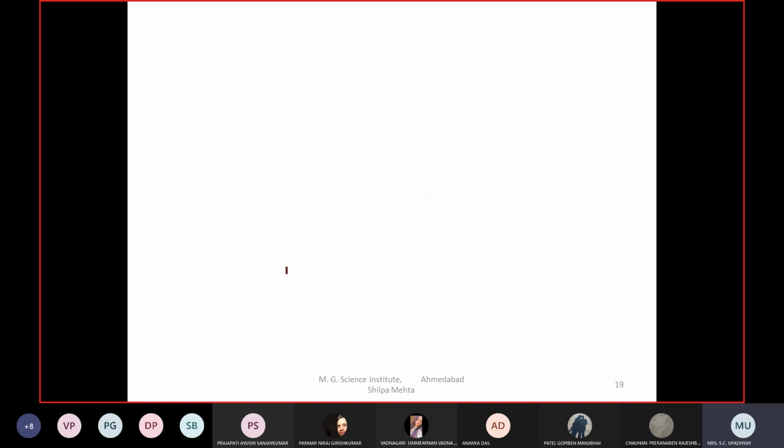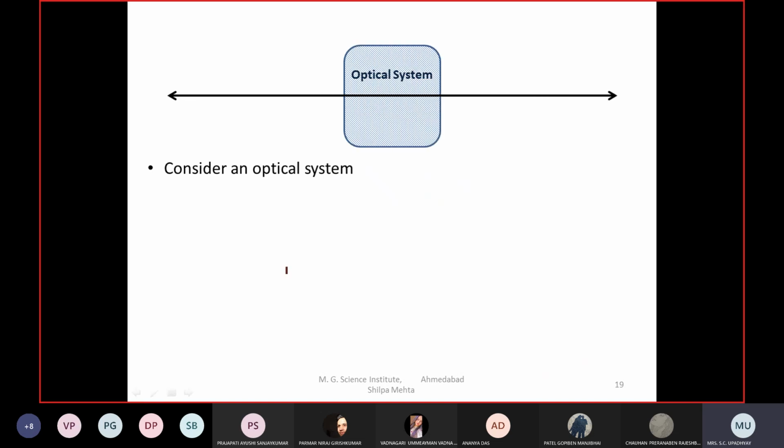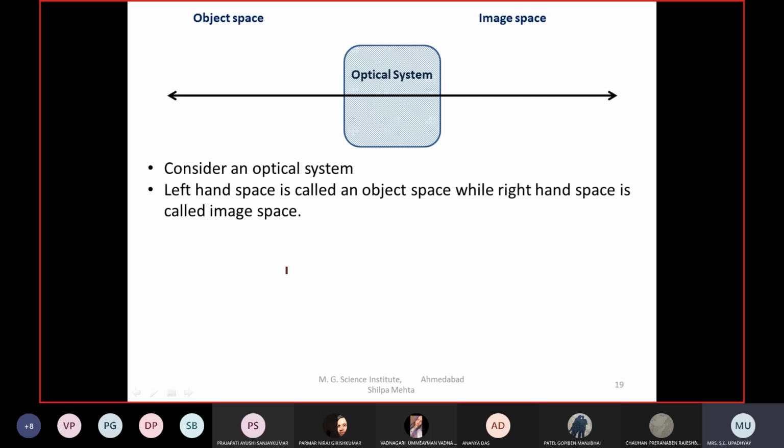So you have to understand it like this. I can explain it for an optical system. As usual, there is object space and image space. There is one plane in the object space, and corresponding to it there is another plane in the image space.